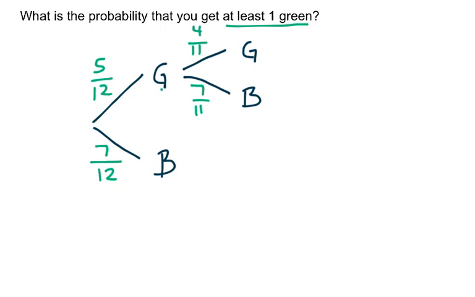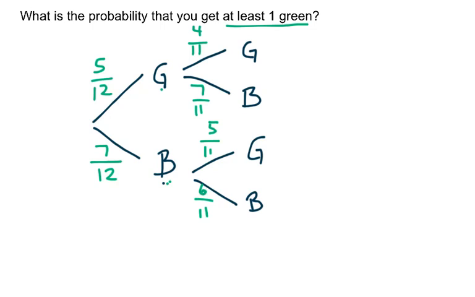If my first ball was blue, my second draw could either be green or blue, and this time the first candy was a blue one. I had 12, I'm leaving it out, so I have 11 candies left in the bag, and all 5 green ones are still there. The first one I picked out was blue, so I have 6 blue ones left in there.